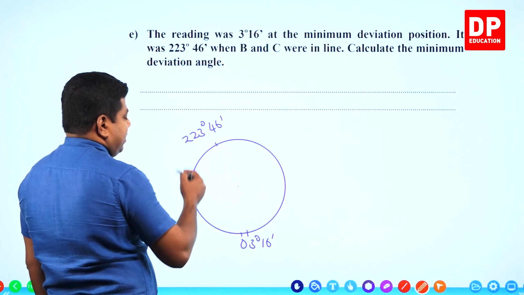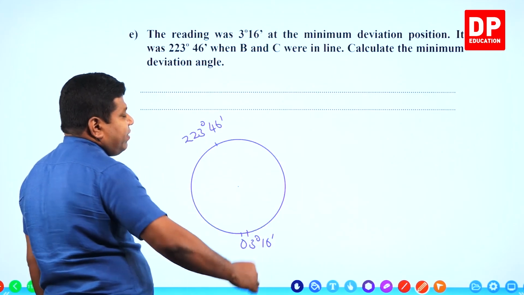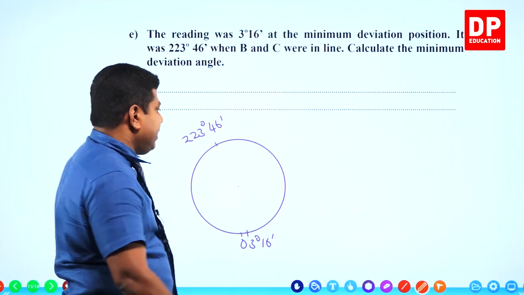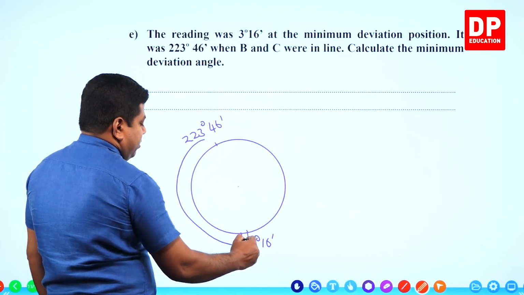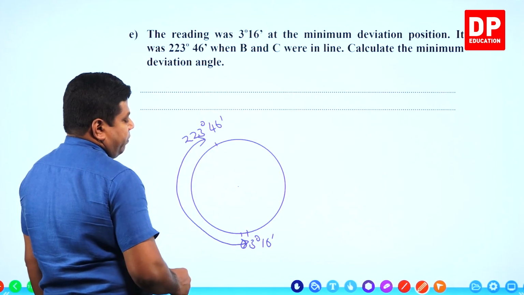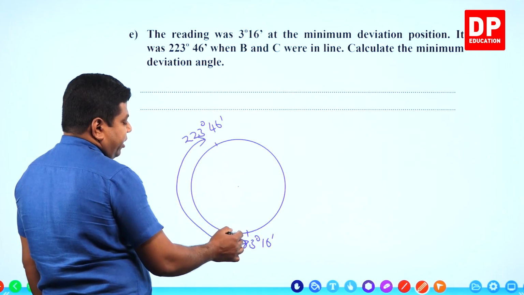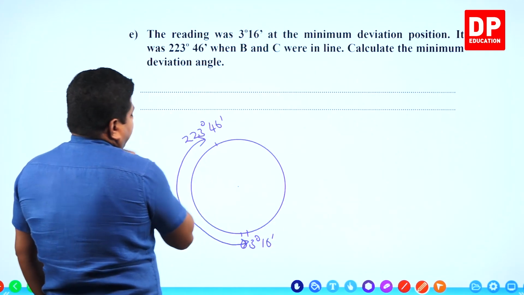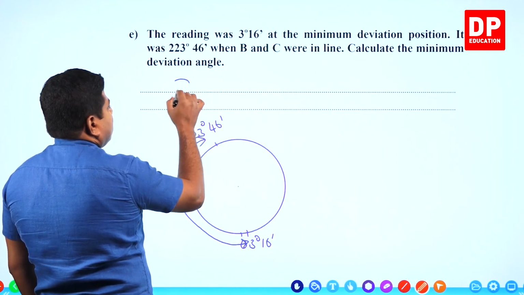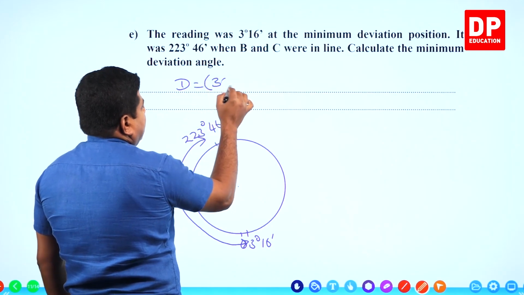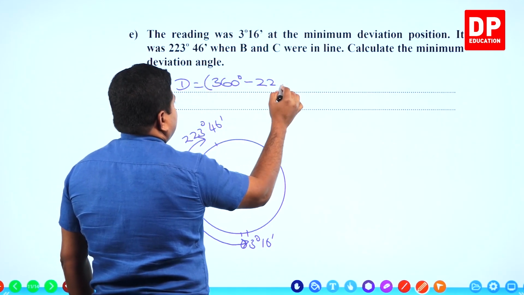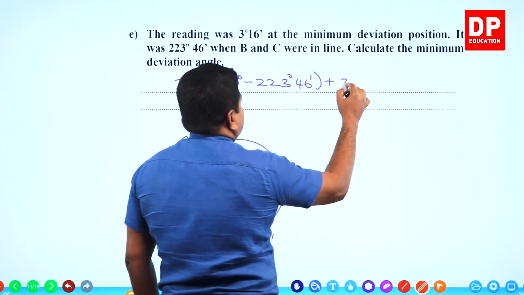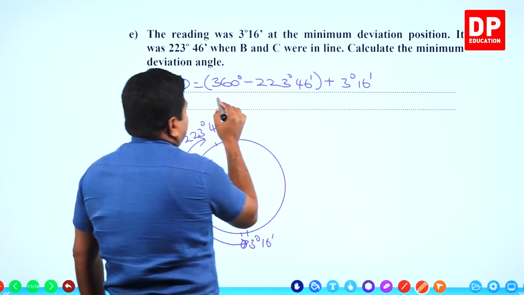Now, should I take this angle or the other angle? The deviation cannot be beyond 180 degrees. It has to be less than 180 degrees, which means this is the deviation. If that is the deviation, understand it goes across 0. Then we can say deviation is 360 minus 223 degrees 46 minutes, plus 3 degrees 16 minutes.